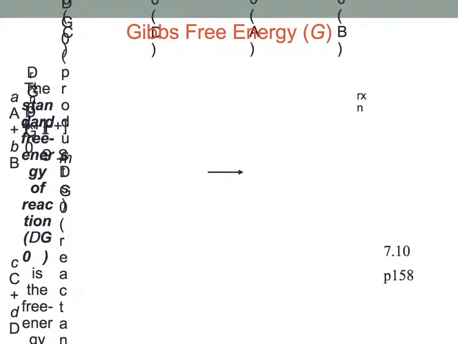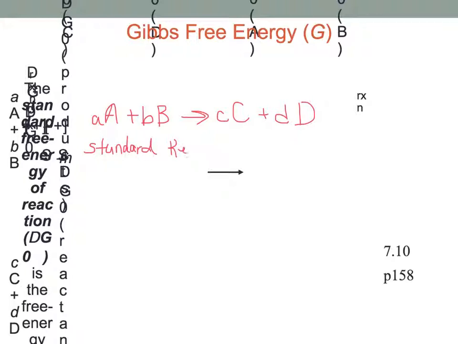It's supposed to say that if we have the same generic reaction that we've been talking about, then we have two different ways that we can calculate the standard reaction Gibbs energy. We talked about that at the beginning of the lecture.